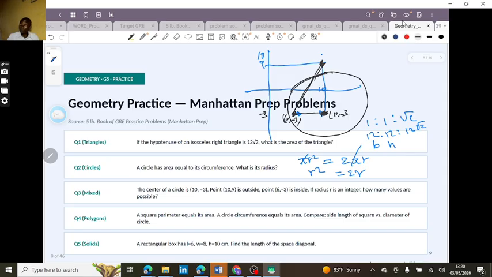Because it is the same horizontal line, we don't really need to use the distance formula. Do you remember it?